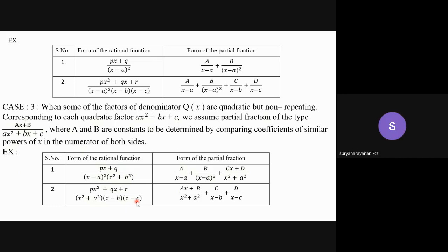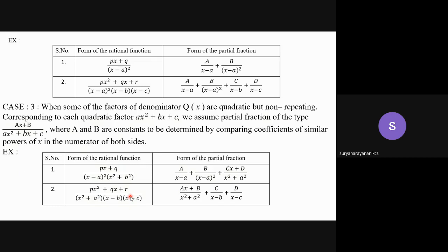The degree of the denominator? 4, sir. Very good. So here, the degree of the numerator is less than the degree of the denominator. That is why this rational function is said to be a proper rational function.